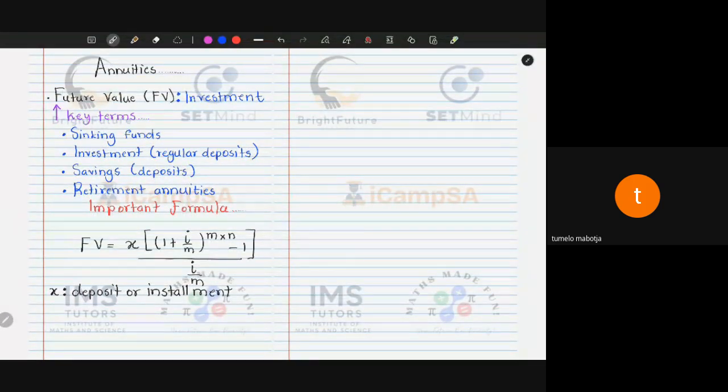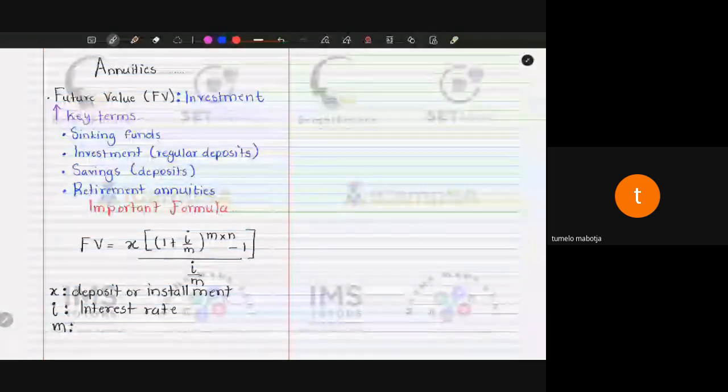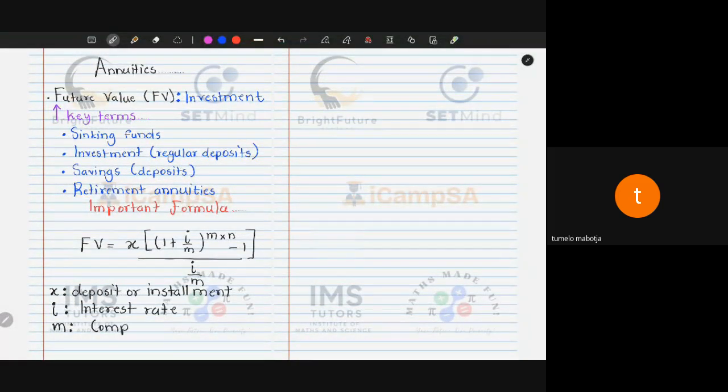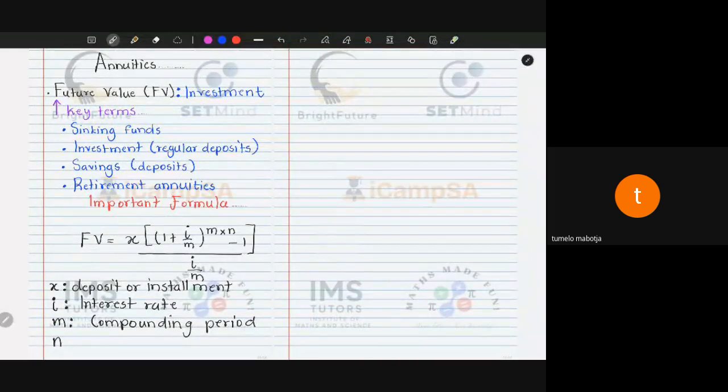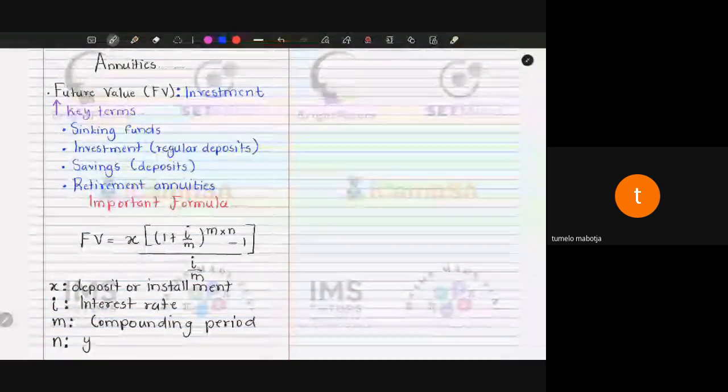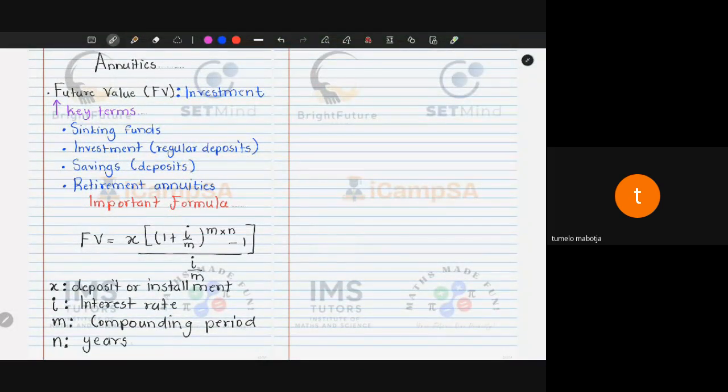And then I will be the interest rate. Good guess. And M will be our compounding period, guys. Very important. And N will be the years for which we are putting up our money.